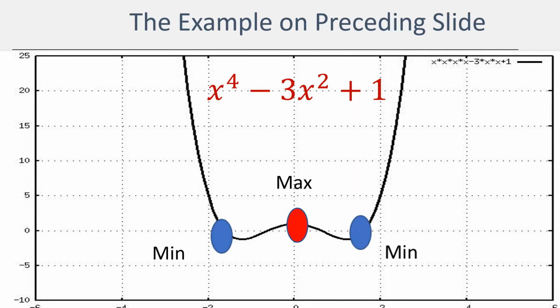Now if we look at that on the diagram, this is a function I put on one of the earlier slides. So here we have our 2 local minima points, the points corresponding to positive or negative the square root of 1.5. And here we have our local maximum point, the point x equals 0.